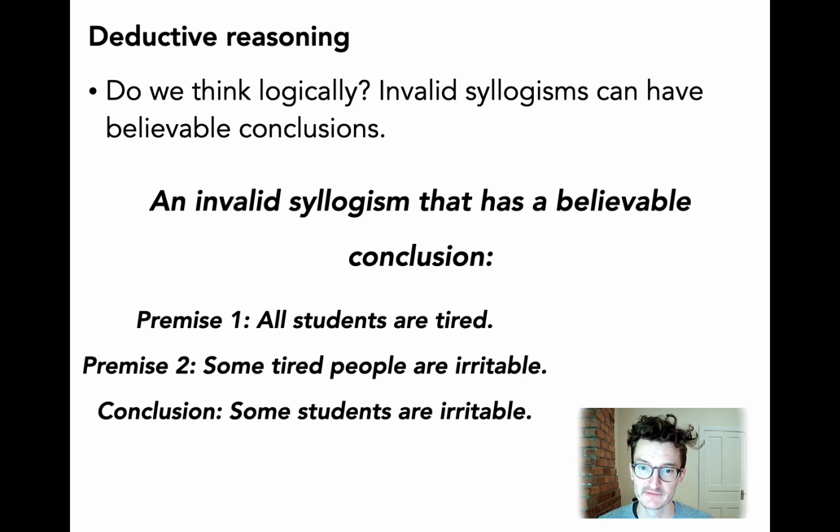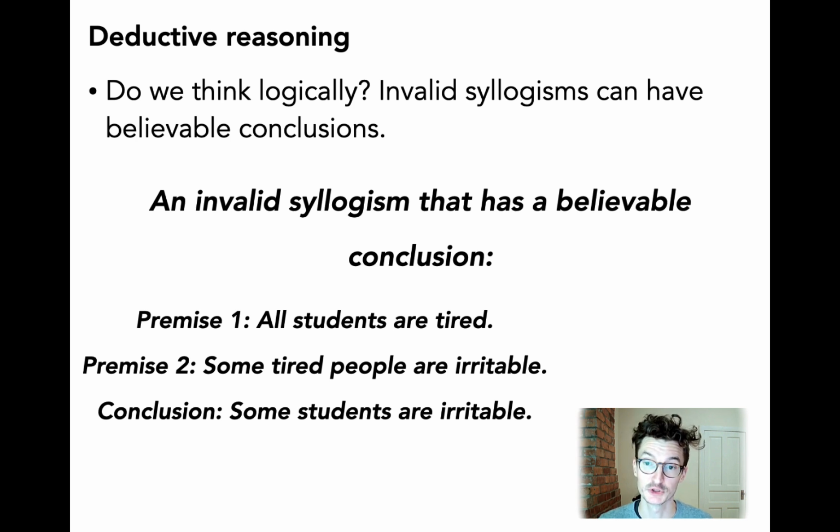So here's an example of a syllogism that is invalid, but has a believable conclusion. Premise 1, all students are tired. Premise 2, some tired people are irritable. Conclusion, some students are irritable. So that second premise leaves open the possibility that people who are irritable are not students.